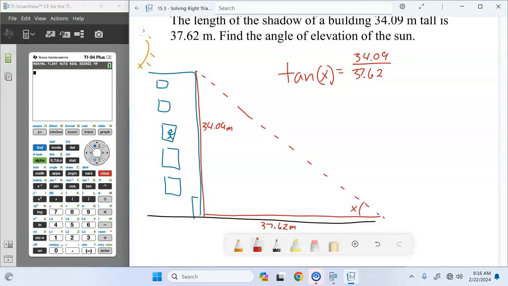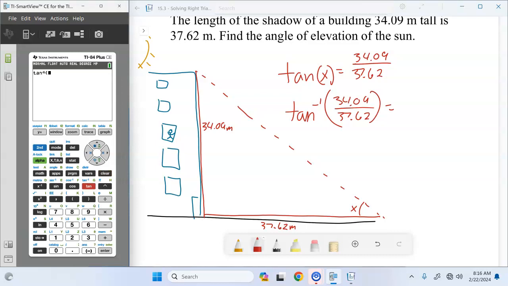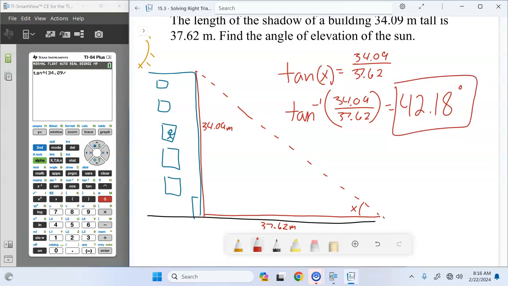So we use our inverse tangent of 34.09 over 37.62. Say that again. 42.1. Is she right? Cool, sweet. So approximately 42.18 degrees is our angle of elevation of the sun.